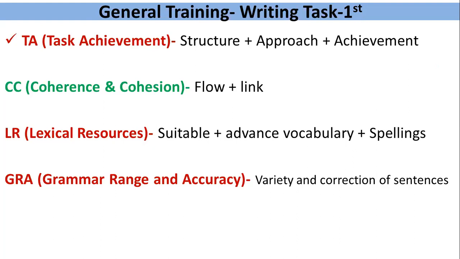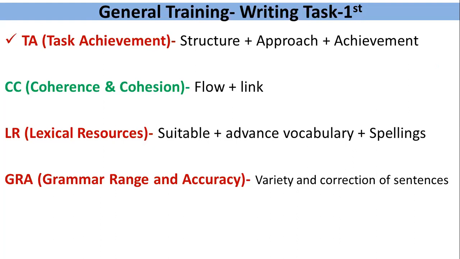Whenever I have tried to teach students lexical resources and grammatical range and accuracy, their performance declined. It got worse. So I don't want to do so. It would be okay if I just teach you task achievement and CC. Even if you ask C sir to teach you lexical resources and grammatical range and accuracy, C sir will deny.